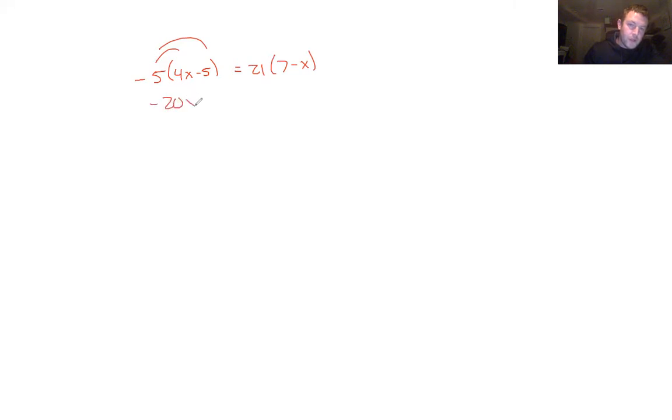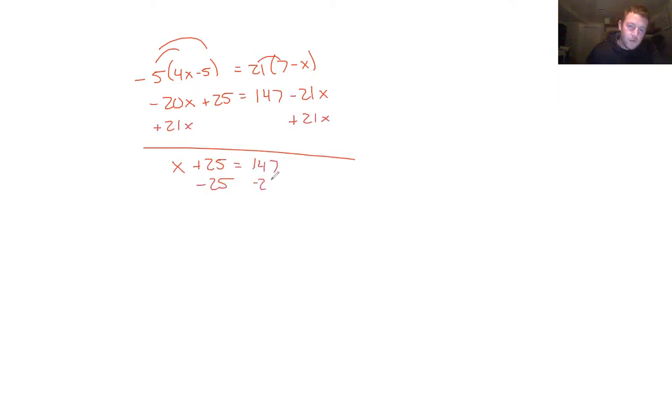So -20x plus 25 is equal to 21 times 7, which is 147, minus 21x. I'm going to add 21x to both sides. And so I get x plus 25 is equal to 147. Minus off 25, x equals 122. That'd be one solution.